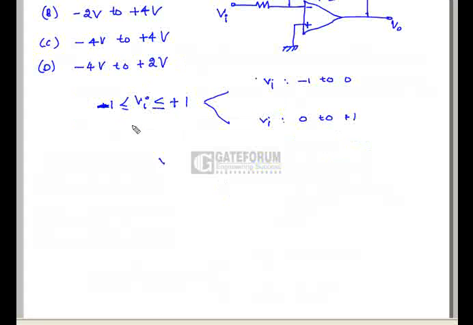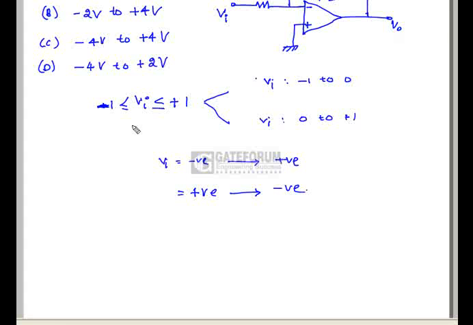Whenever Vi is negative, output is positive. Vi is positive, output is negative. So in case 1 Vi is negative, suppose whenever Vi is negative, that means -1 to 0, V0 is positive.